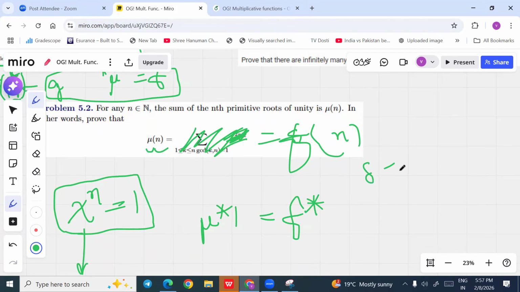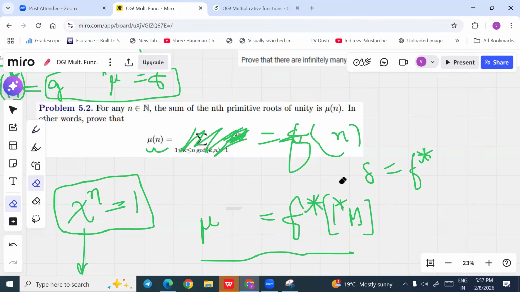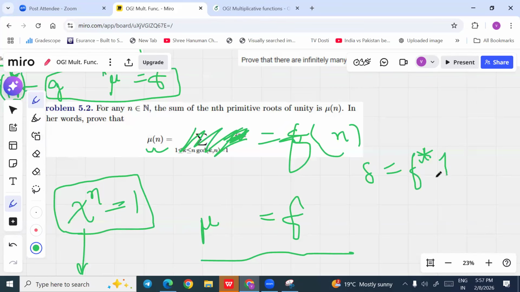So if you could prove that f cross 1 is also the delta function, then you can just use Mobius inversion and convolute it with mu. Since this is delta, you'll just get that f is equal to mu, and we're done. So it suffices to prove that f convoluted with 1 is delta.